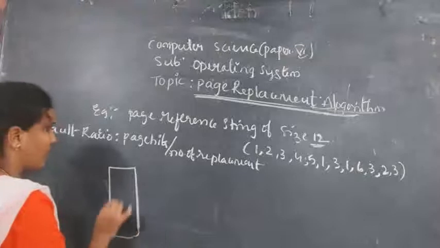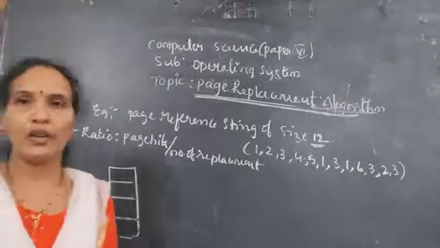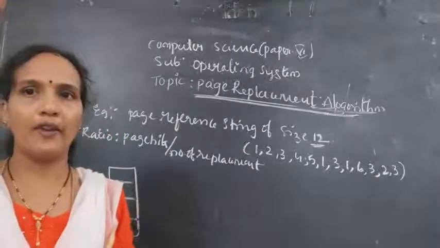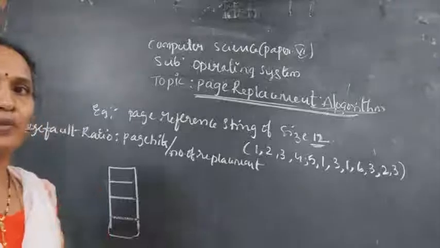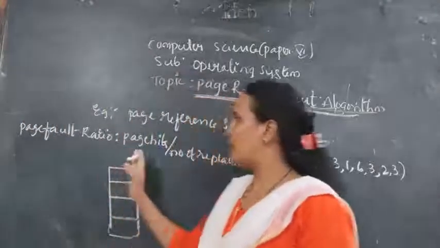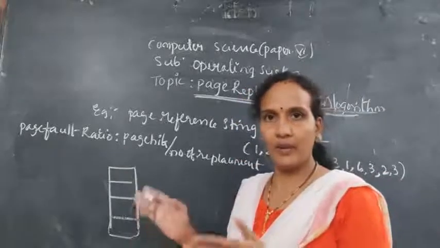As I already explained, one frame is used to store only one page. Understood? And here I am assuming that initially there was no page in the frame. We have an empty main memory.